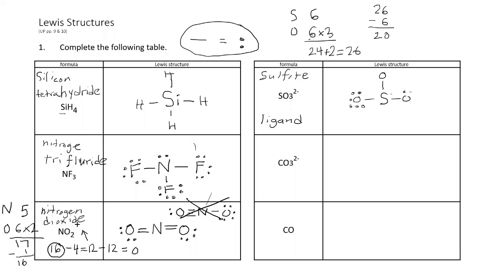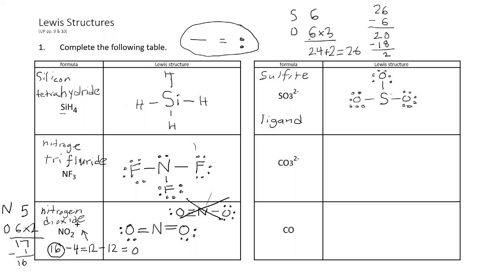Put 6 here, and 6 here. So now each oxygen in this molecule is stable, and each one used 6. There's 3 of them, so I used up 18 total. And I have 2 left over.